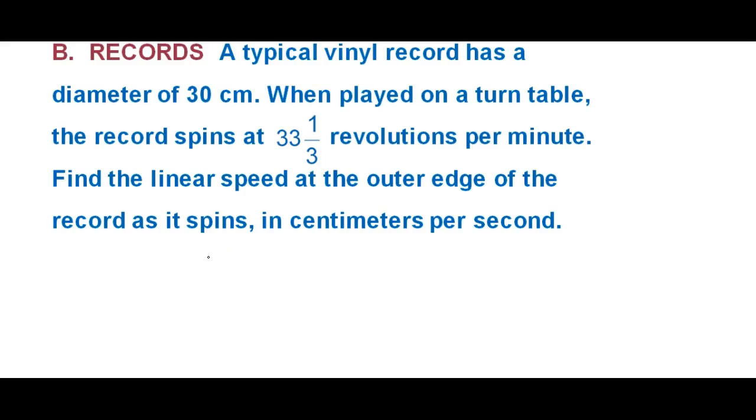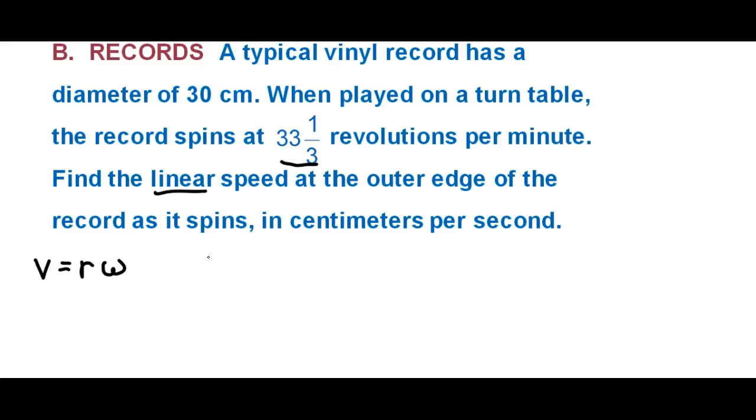There's one other formula we can use to translate this angular speed, in other words, how many rotations we have per minute, to a linear speed. And the formula we're going to use is v equals r, or radius, times omega.